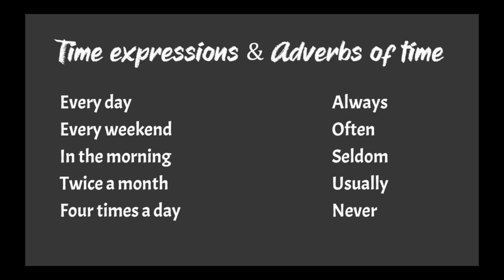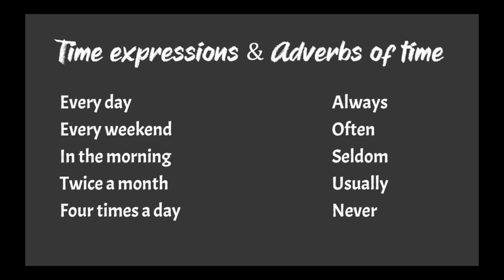Now, we know that when you see time expressions and adverbs of time, they indicate the tense you need to use. I listed some of them, and there are many others.